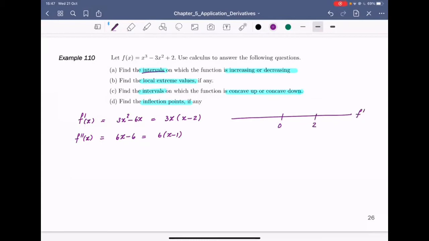So that means you can figure out the sign here to be plus, minus, plus. You can try it at home. If you pick any number between 0 and 2, you're going to get f prime to be a negative number. Once I get the signs here, that means I can answer part A. So part A, the interval of increasing.